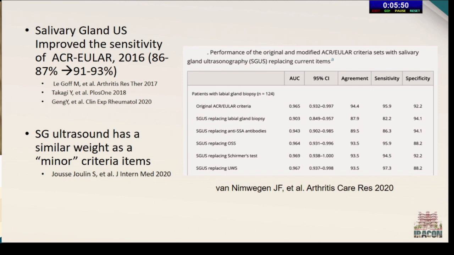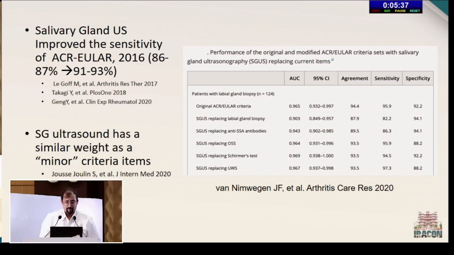Now, how does salivary gland ultrasound help us? It improves the sensitivity of the ACR-EULAR criteria from about 86% to 93%, and salivary gland ultrasound has the ability to replace the minor criteria in the ACR-EULAR criteria.